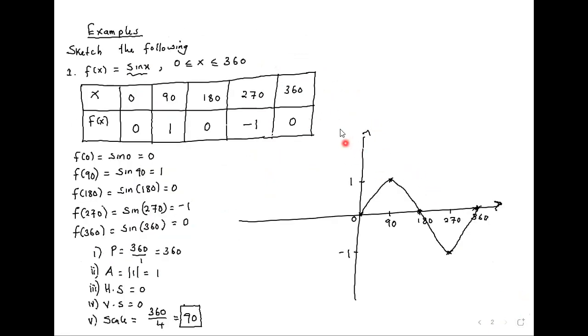Okay, so we got the next example. Example 2: f of x is equal to 1 plus 2 sine(2x plus 90).